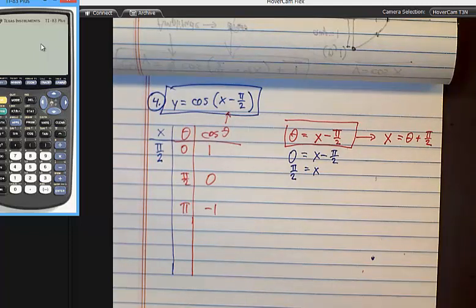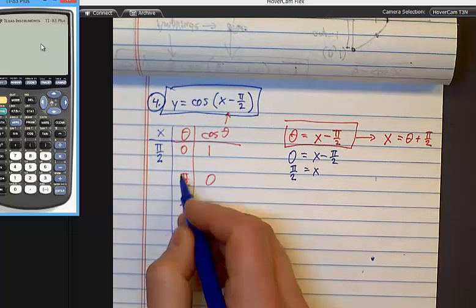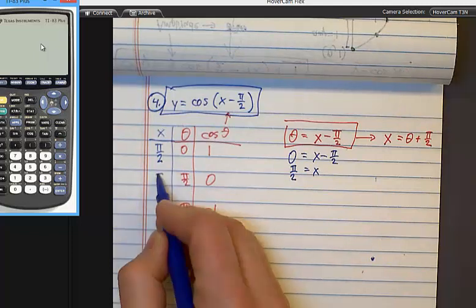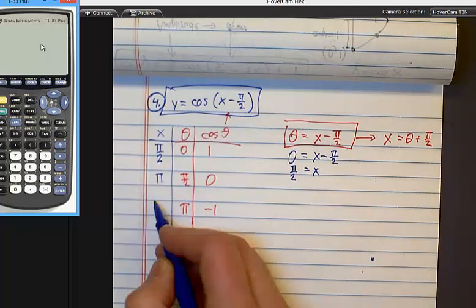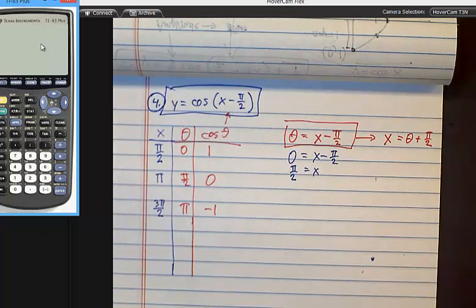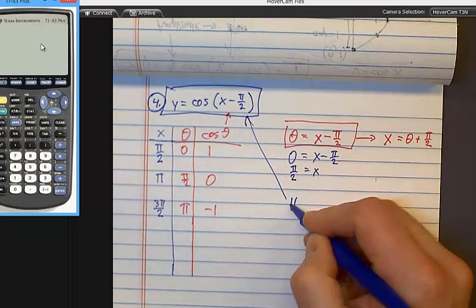So the x's that go along with these y values are, what's pi over 2 plus another pi over 2? It'd be pi. What's pi plus another pi over 2? 3 pi over 2.